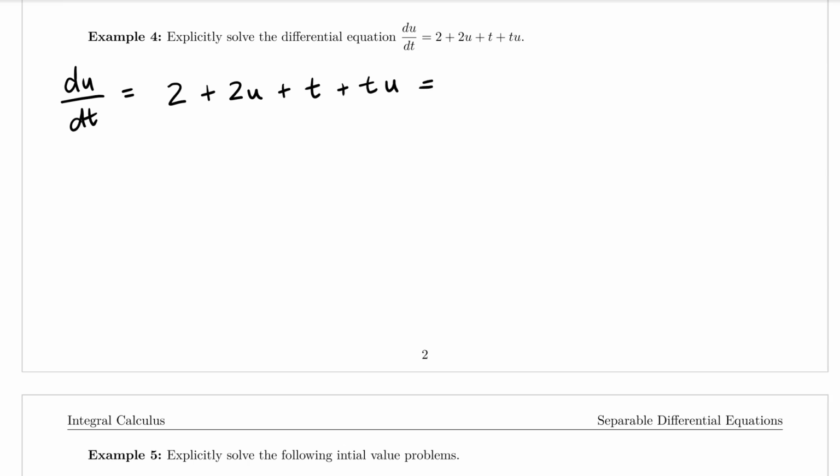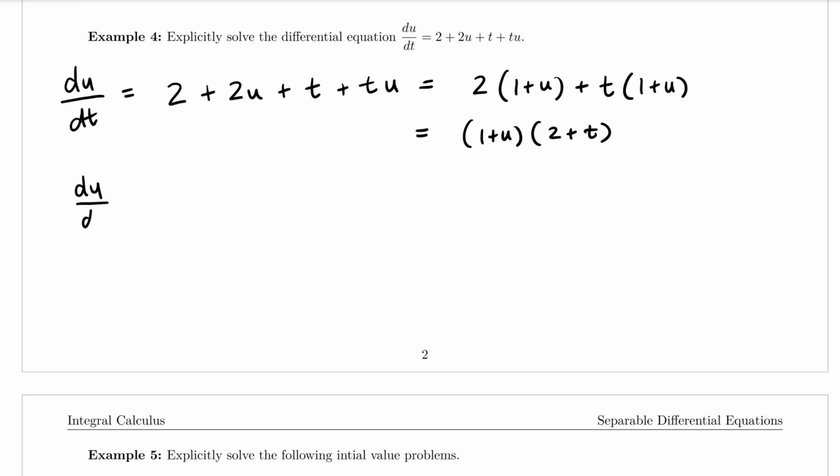Let's see if I can factor out in the first 2 terms. I'm going to factor out a 2, and that's going to leave me with 1 plus u. And in the second two terms, I'm going to factor out a t, and that's also going to give me 1 plus u. And then from there, we can factor out 1 plus u, and we'll be left with 2 plus t. So now what we can do is separate this.